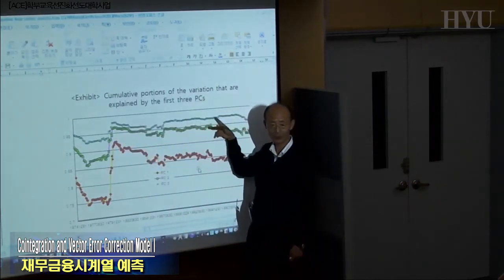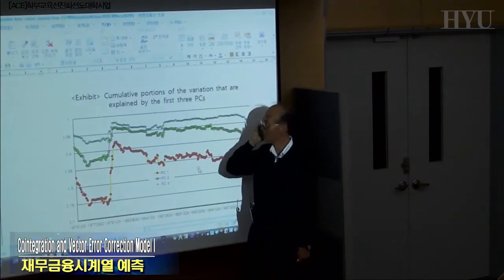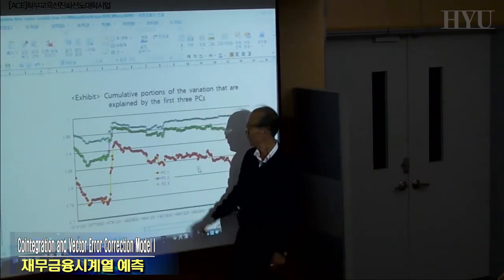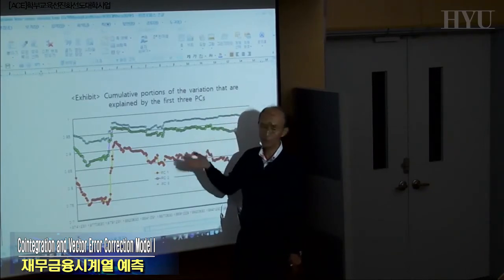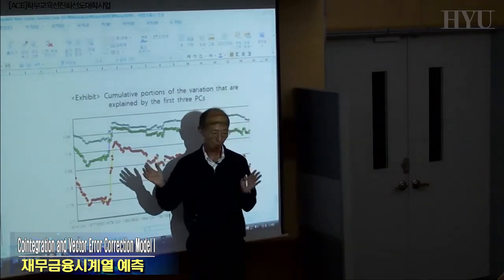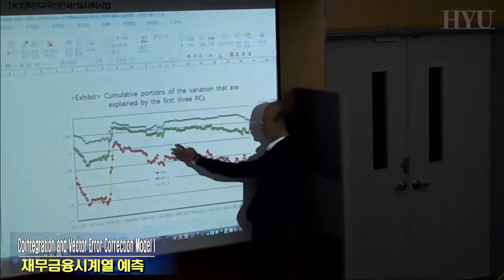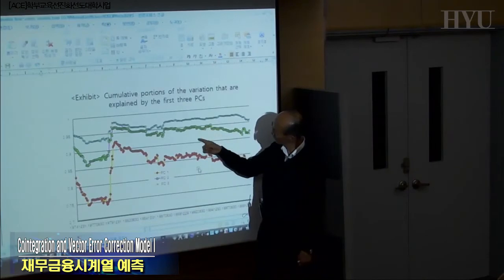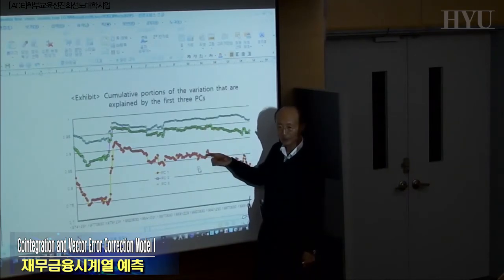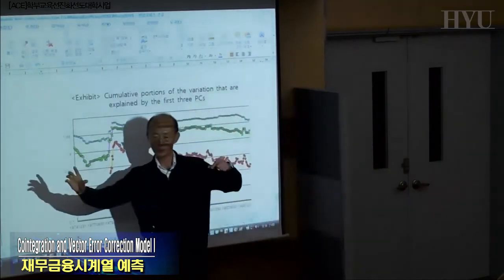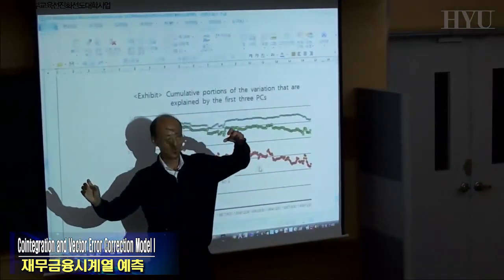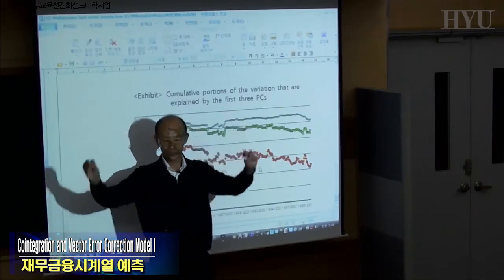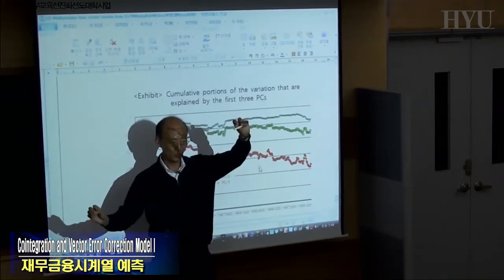Because of the shape of your term structure, if you look at this period, a significant portion is explained by the slope. Slope means short maturity versus long maturity interest rate, so it's the shape of your term structure.